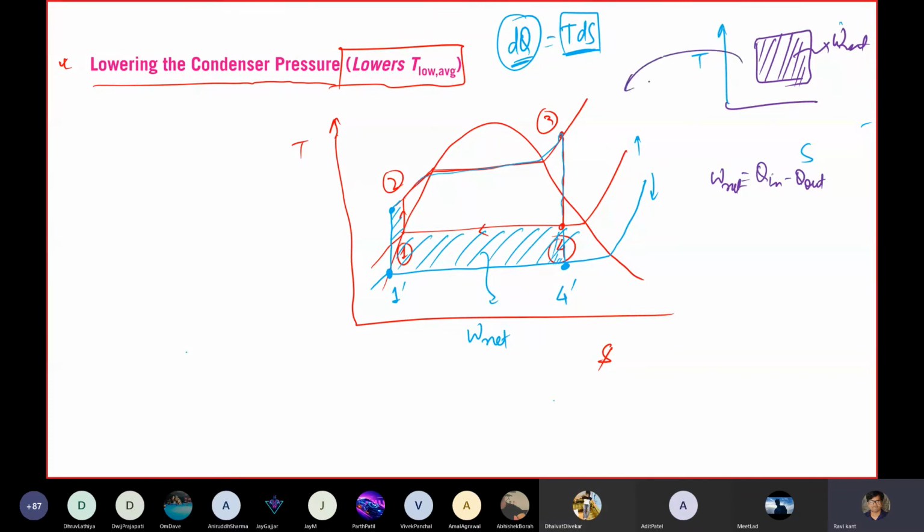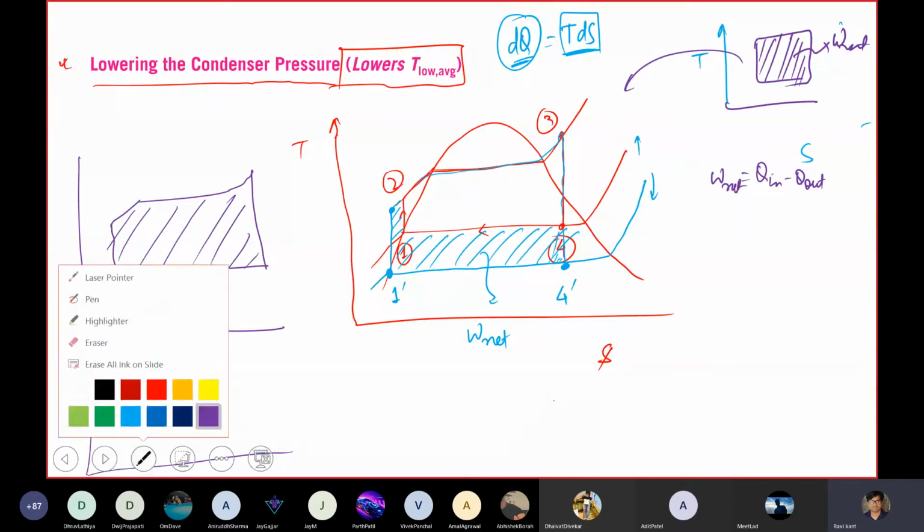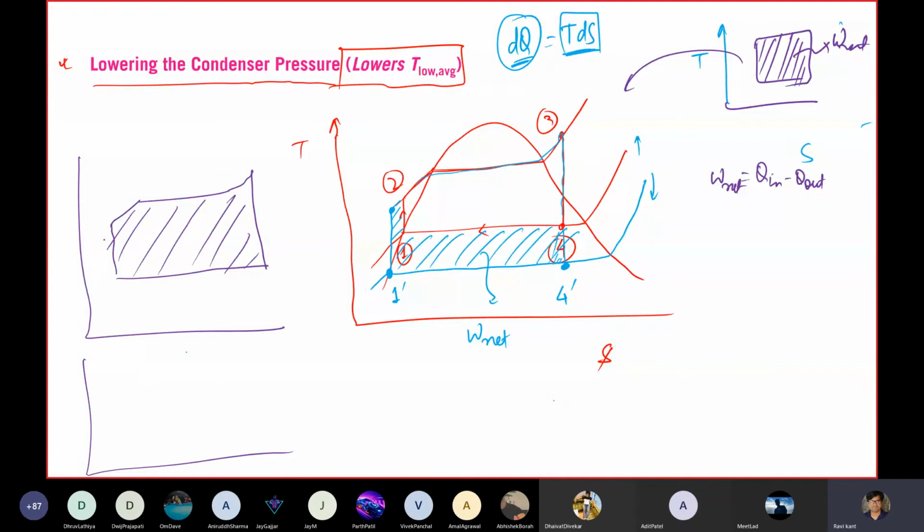So in a similar way, in the first shot I calculated some area. This was my initial area, and in the second shot I have a bigger area, something like this, isn't it?